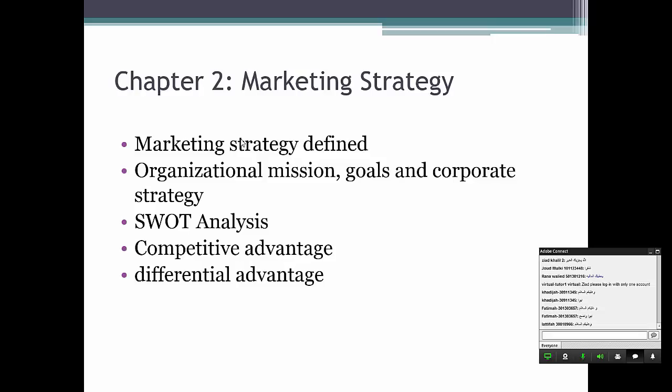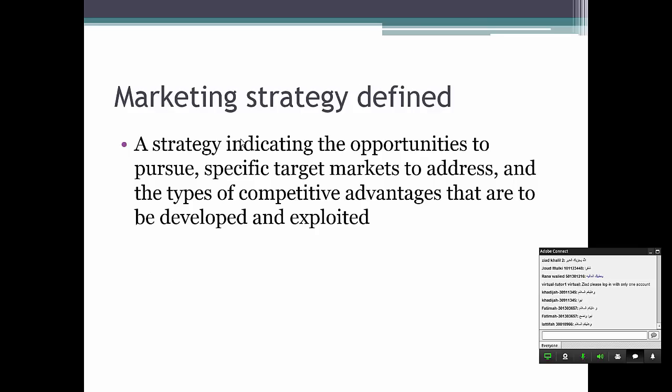And we will see what is the meaning of competitive advantage and what are the approaches or the methods that we can use to reach the competitive advantage. Also, we will make comparison between the competitive advantage and differential advantage. And we will see what is the meaning of differential advantage and how can we compare it to competitive advantage.